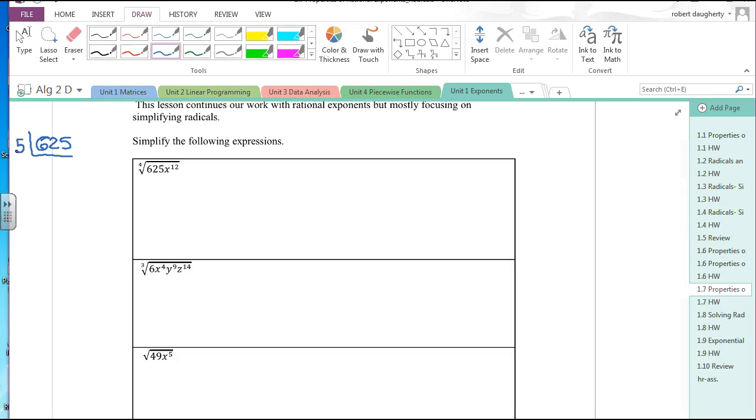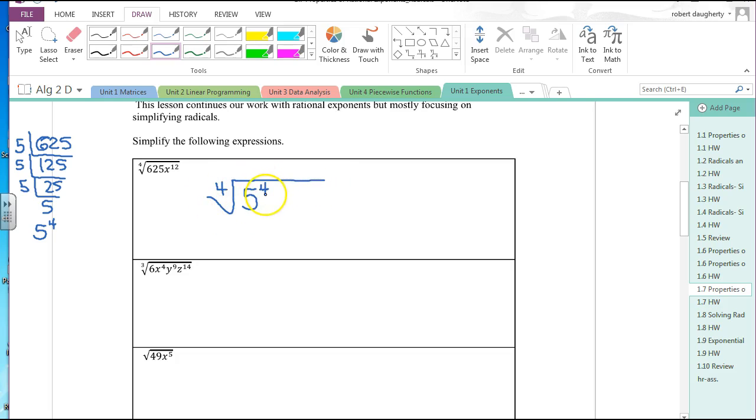I know it's divisible by 5. That's 5 times 125. That's divisible by 5. And if I keep on going, I find that 625 is 5 to what power? 5 to the 4th.